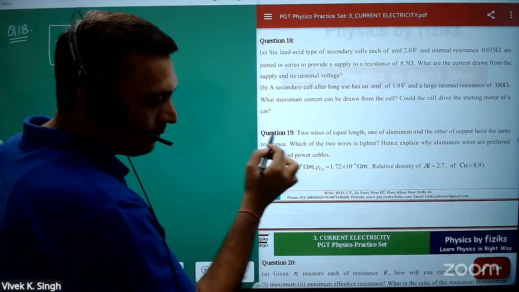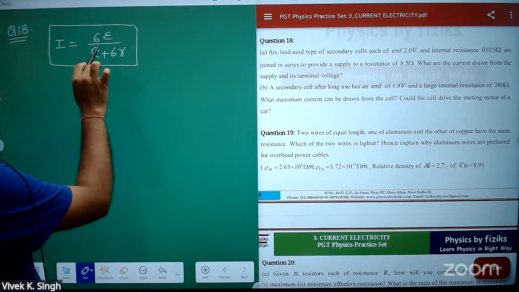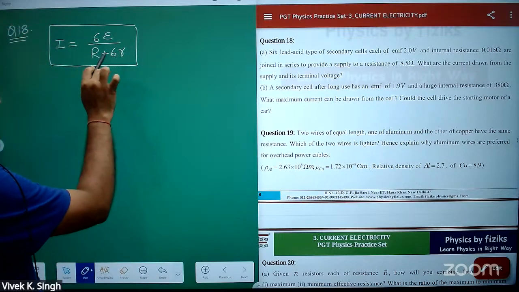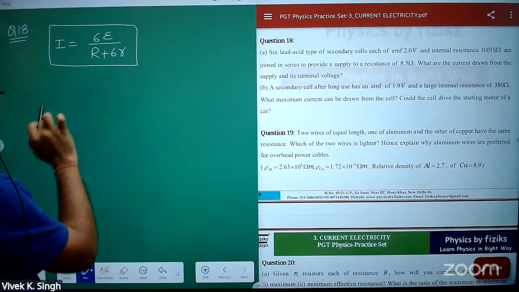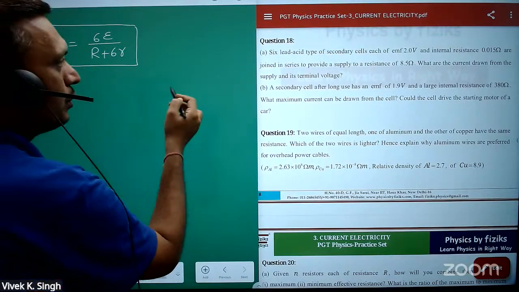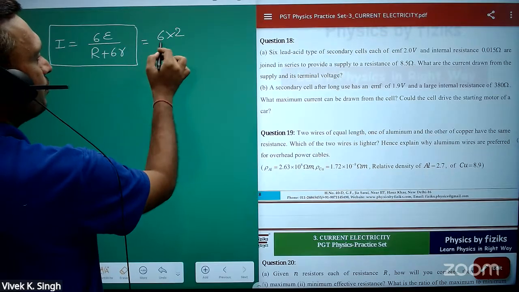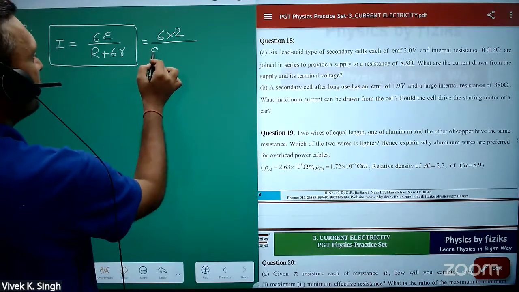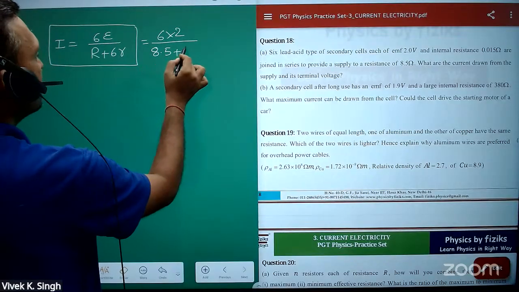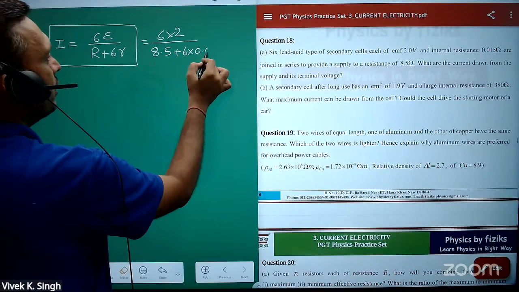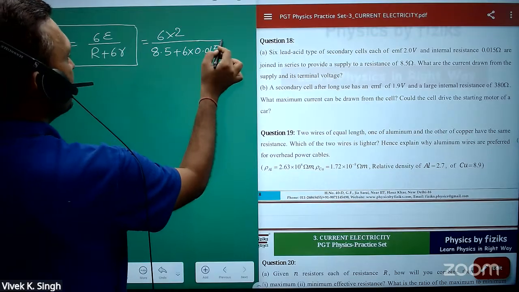When there are n cells connected, each having internal resistance r, this will be nE by R plus nr. So just substitute the values: 6 into 2 EMF divided by 8.5 plus 6 into 0.015 ohms.